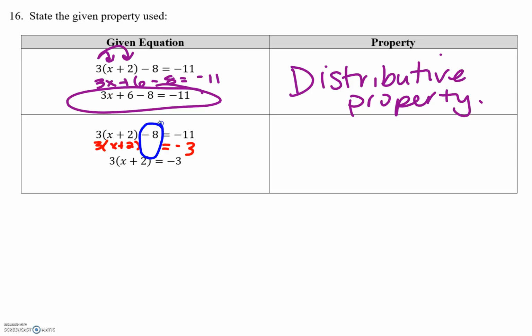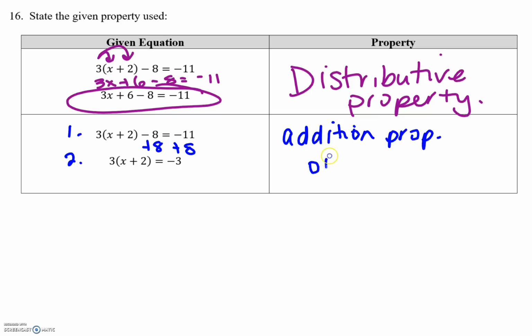We should notice that from step 1 to step 2 the person got rid of that -8. So how do we get rid of that -8 from one side to the other? We have to add it to the other side. And by adding it to the other side, we're using the addition property of equality.